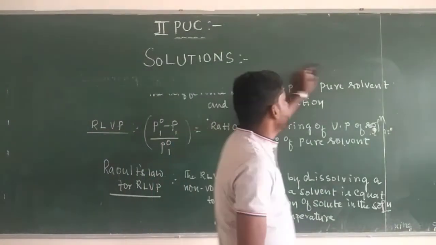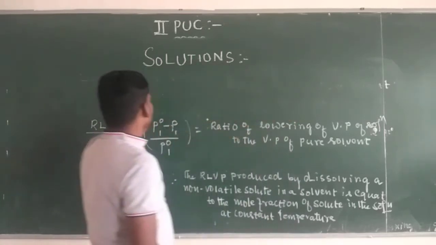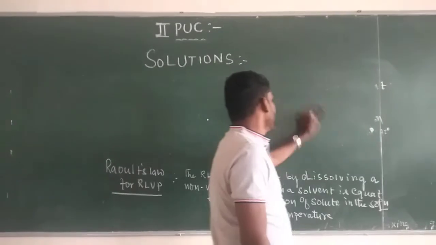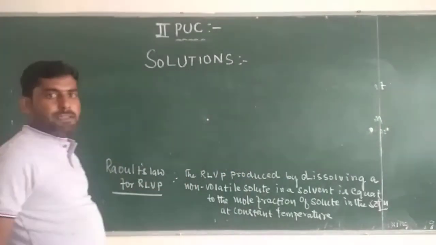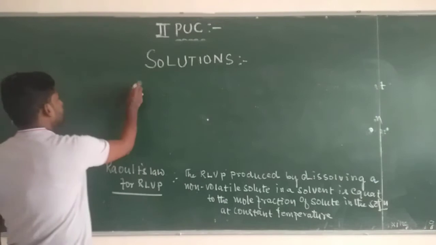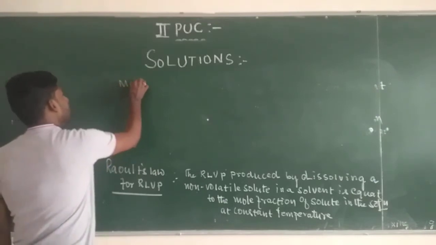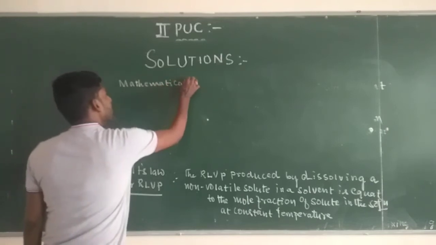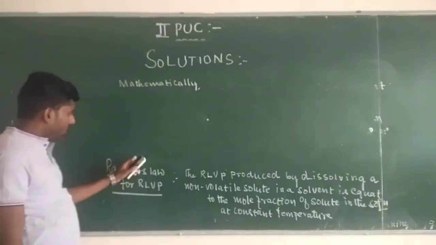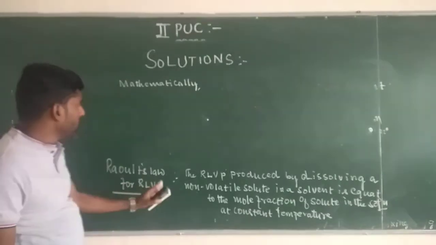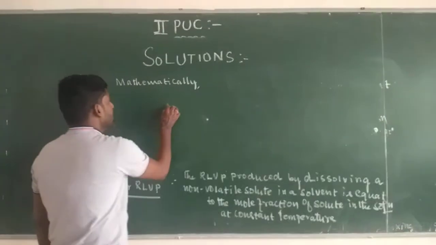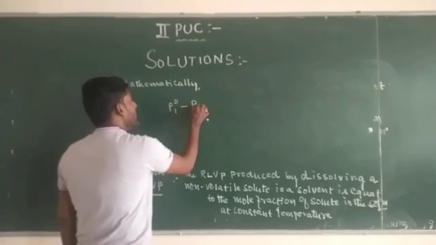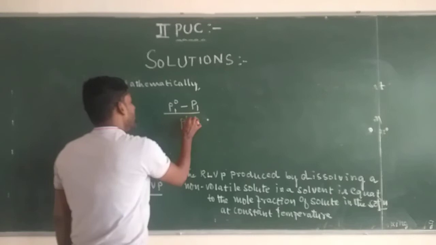Mathematically, Raoult's law for relative lowering of vapor pressure can be written as (P01 minus P1) divided by P01.